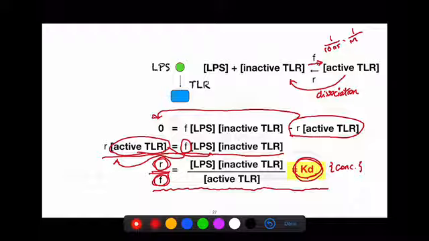But then the reverse rate can be much slower, so it can happen in the order of 1 over 1 microsecond. And we have a big difference between the two.